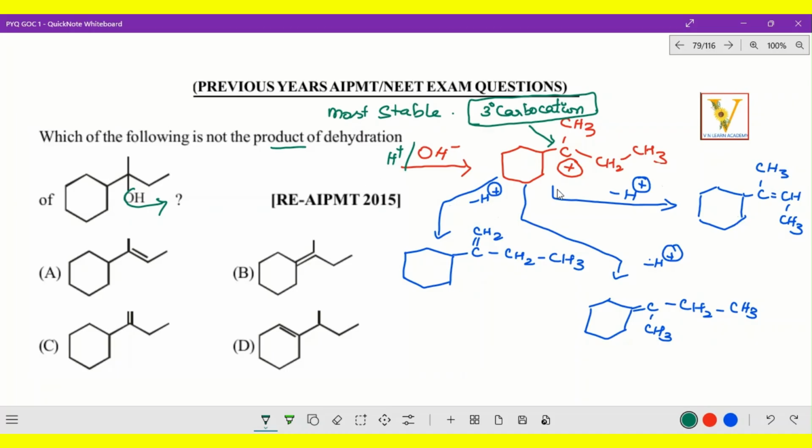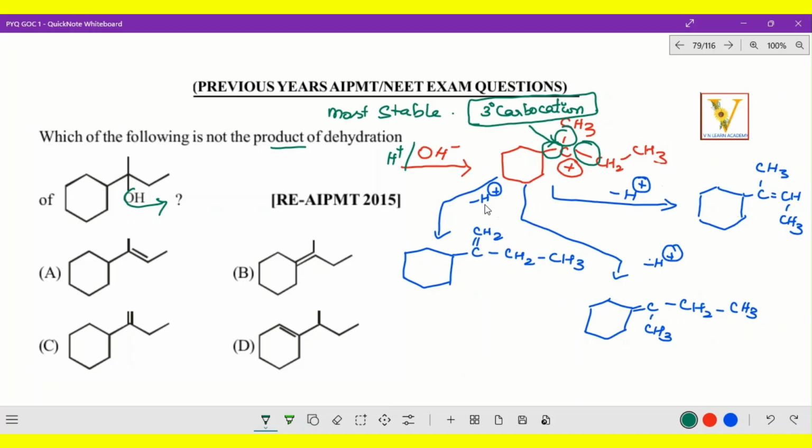Now when we are losing that H+ ion, you may get the double bond at this part, or next to the adjacent carbon, or next to this part. Any one point which loses the hydrogen, you will get the double bond. So three possible products I have given.